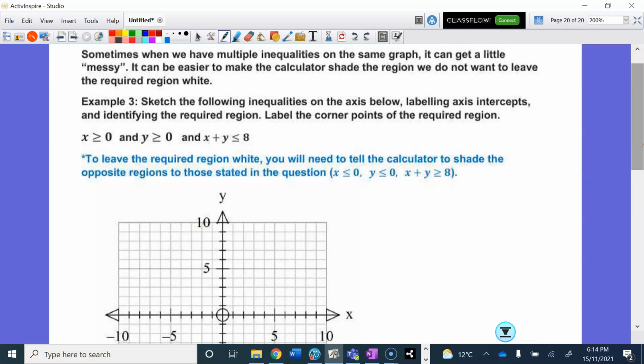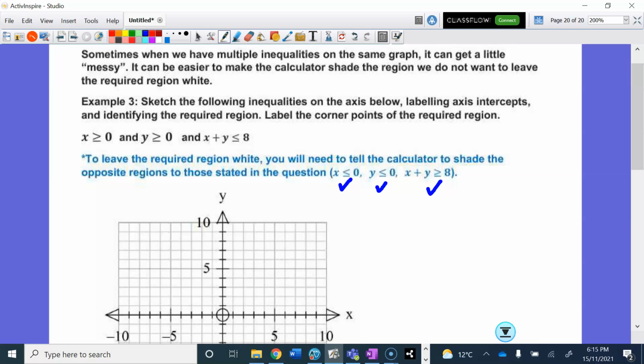So rather than telling the calculator to shade x is greater than or equal to 0, tell the calculator to shade x is less than or equal to 0. Rather than telling the calculator y is greater than or equal to 0, tell the calculator less than or equal to 0. And rather than saying x plus y less than or equal to 8, tell it x plus y greater than or equal to 8.